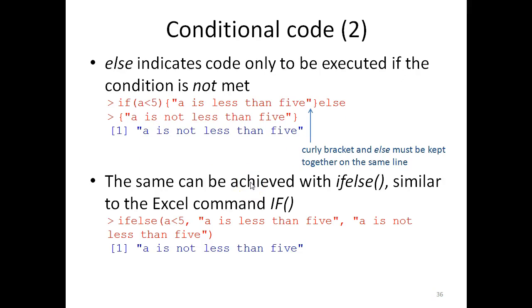Sometimes you would also like to tell R what to do if the condition is not met, so that you have 2 responses, one for when the condition is met and one when it's not met. And in these situations you can use the else command, which is a sort of add-on command to if.